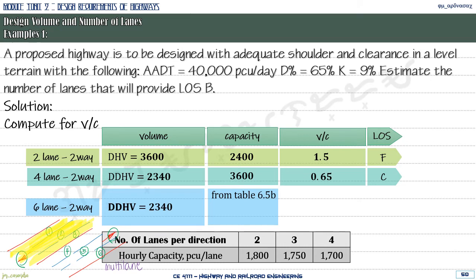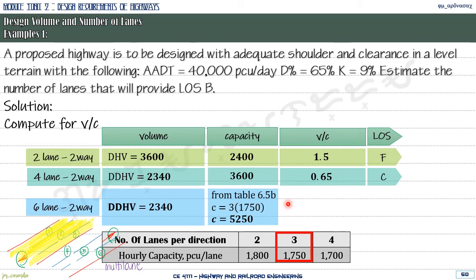Okay. So looking at this, how many lanes can we see per direction? We have 1, 2, 3. So in here, we are going to use now this value. So for your capacity, we'll now have 3 times 1,750. And that's equal to 5,250.